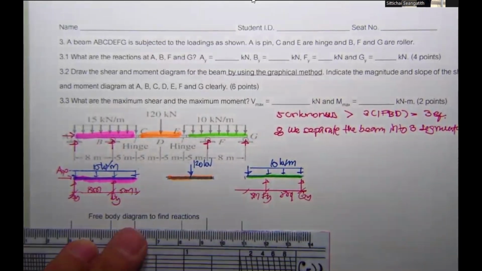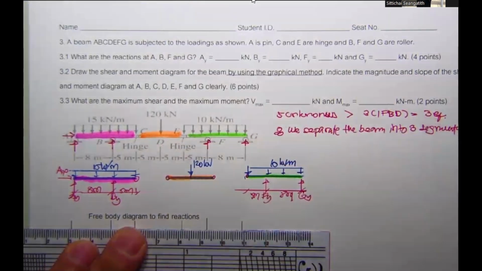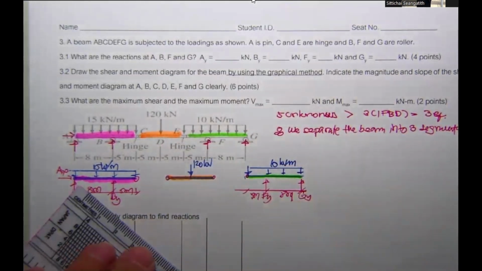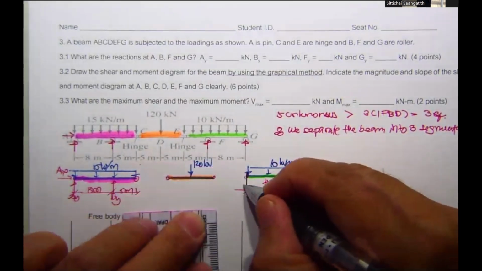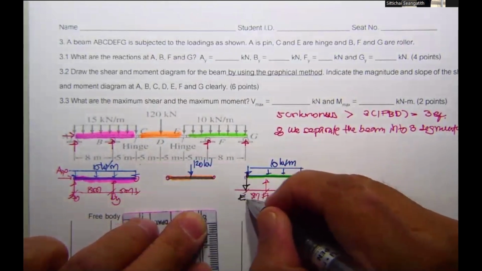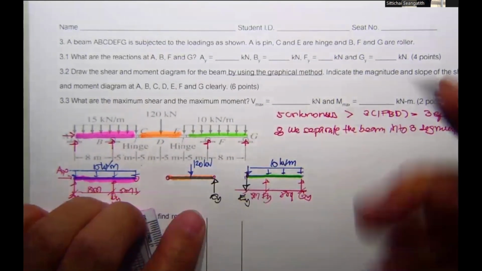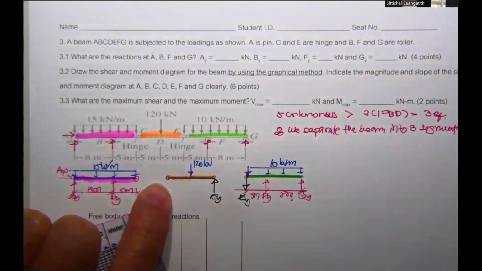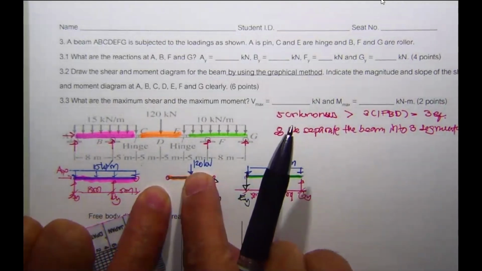Now, you can see we have two hinges. At the hinge, we are supposed to have the reaction also. Let me put this one at point E to be E sub Y, and then this is E sub Y. I can consider the orange element, subject only to 120.